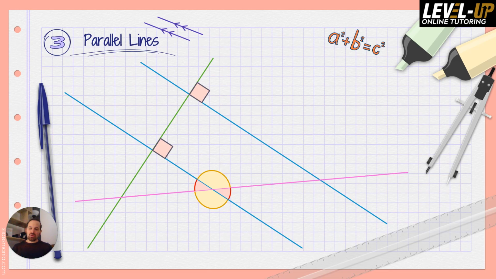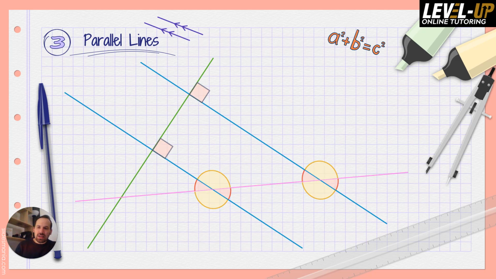But when it's intersecting two parallel lines, all those angles around that intersection are going to be the same, because even though it's two different intersections, they're exactly the same because the lines are parallel. They're going in the same direction, so they'll both cut another line like that pink line in the exact same way.